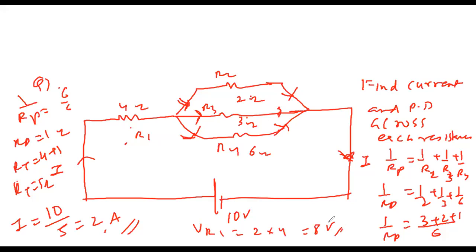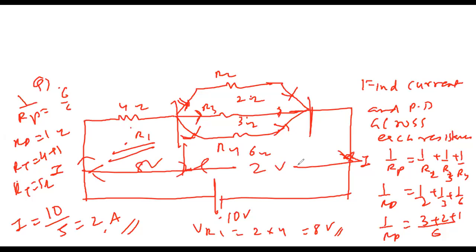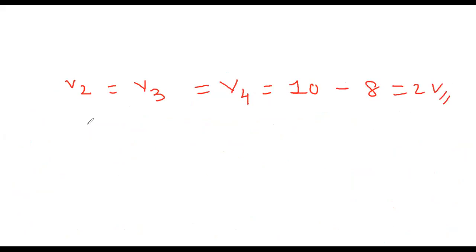Now see, what will be the voltage across these three? It will be 2. Out of 10, what went here, the remaining comes across these. Total is 10, voltage across this we got 8, so the remaining voltage is 2. Voltage in second is the same as voltage in third and fourth, which is total voltage minus 8, that is 2. So you know voltage, you know resistance, you can get I.